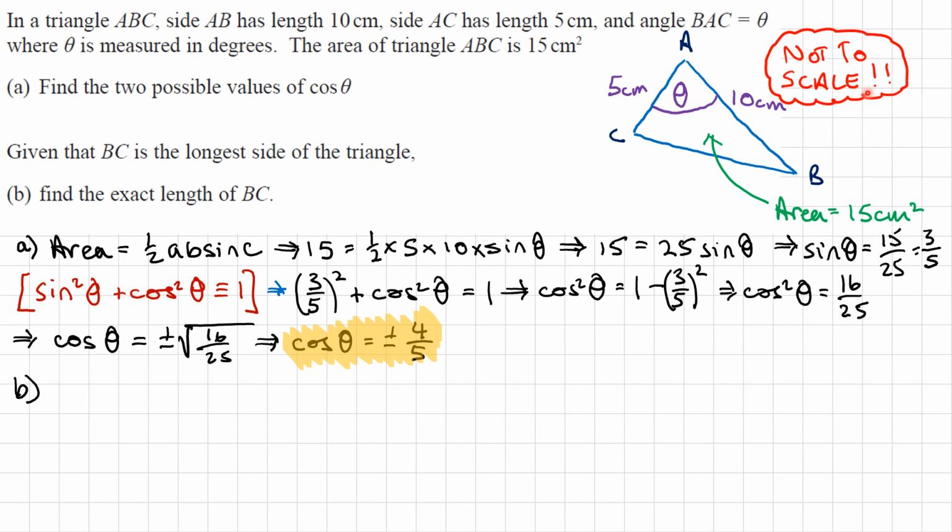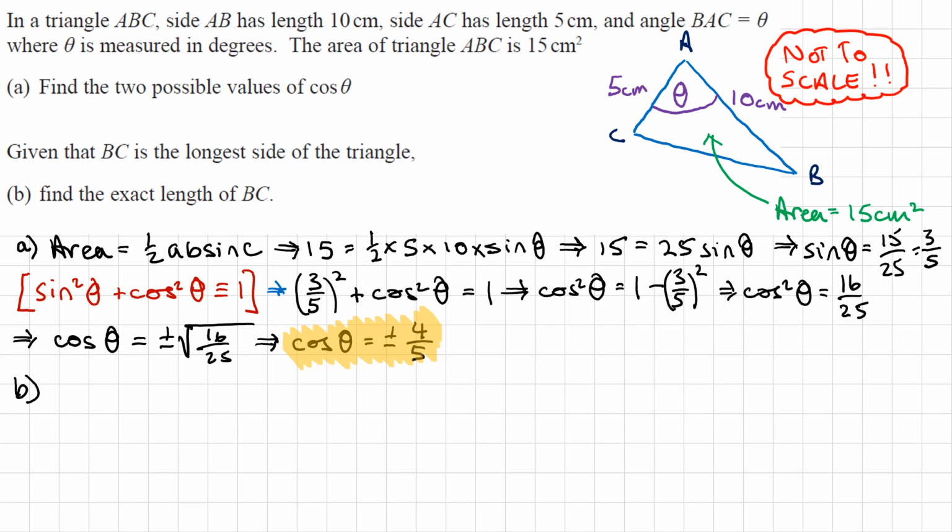Again, don't look at the diagram, it's not to scale. If this is the largest angle in a triangle, it is always an angle which is obtuse. You cannot get three acute angles in a triangle if you have a longest side.